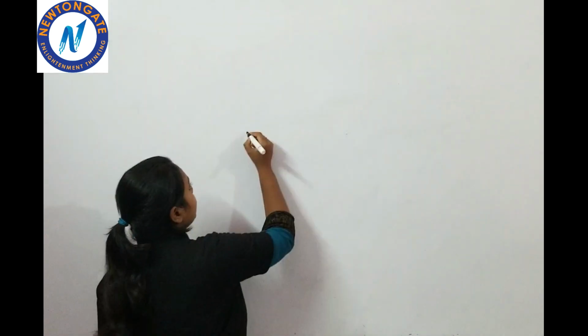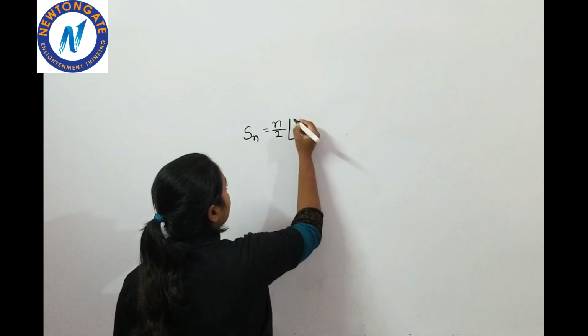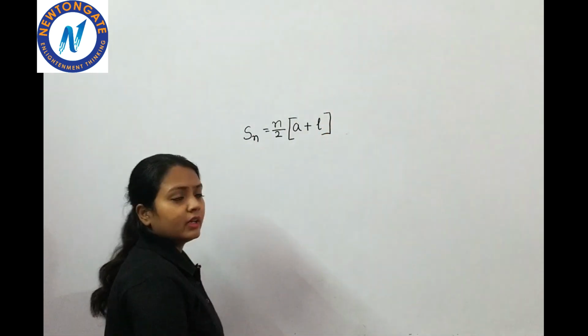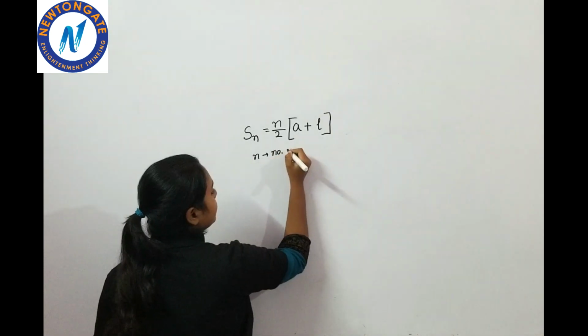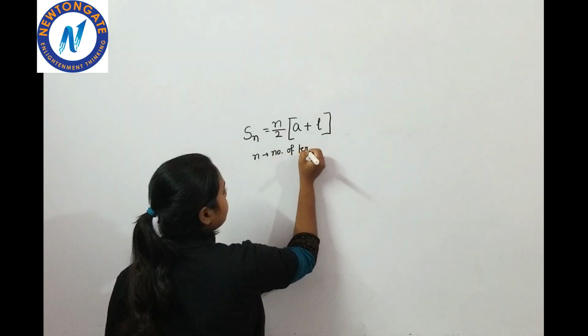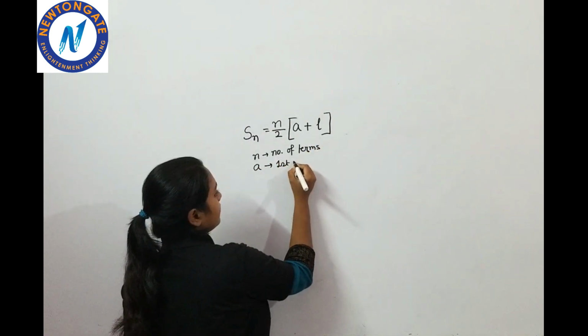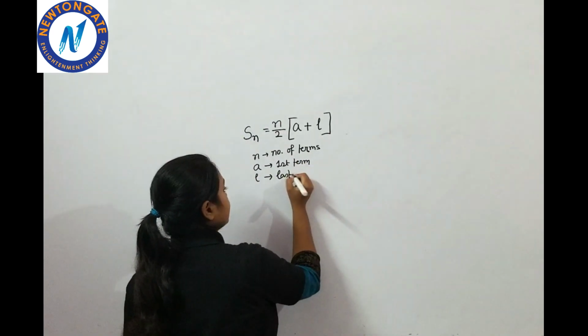Okay? This is the second formula from this chapter. Here is another formula to calculate the sum of an AP. The formula is Sn equals n by 2 into a plus l. Okay, here n means number of terms, a means first term, l means last term.